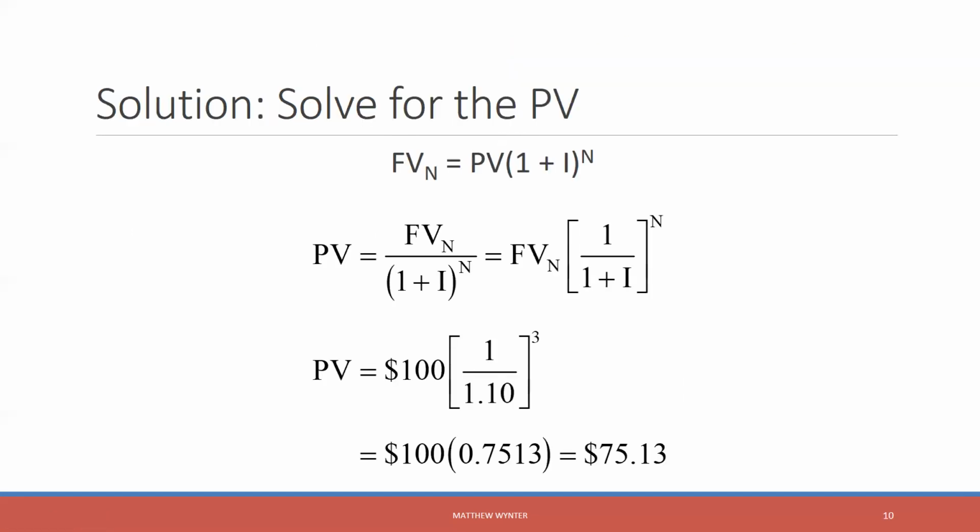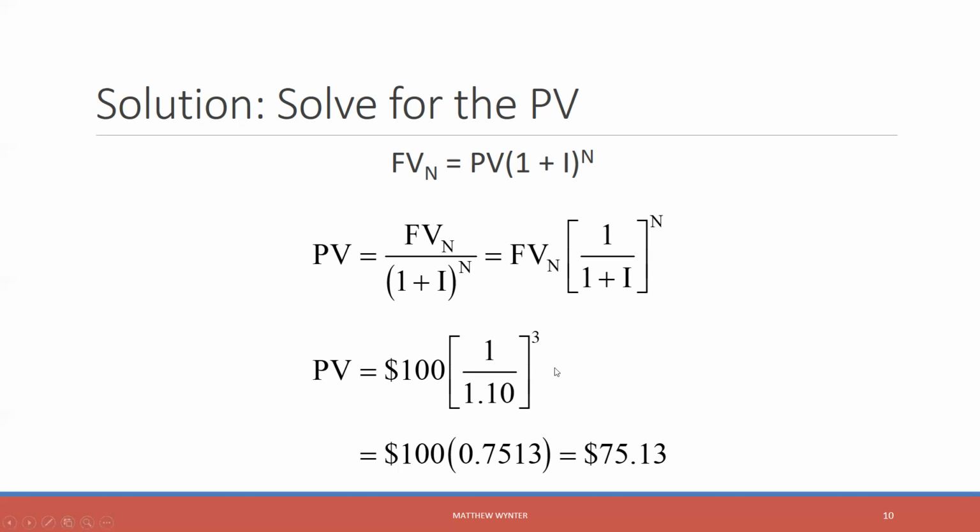So let's do that. When we plug the numbers in, what do we have? The present value of 100 multiplied by what? By 1 over 1.1, that's 1 plus 10%. This entire thing raised to the power of 3. So we always want to remember our order of operations. We always want to do our parentheses and then our exponents, and then we got our friends, multiplication, division, and finally addition and subtraction.